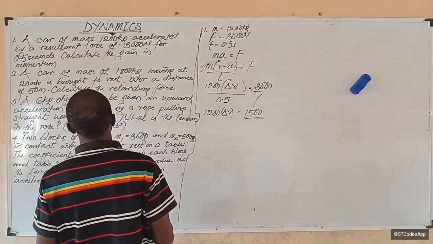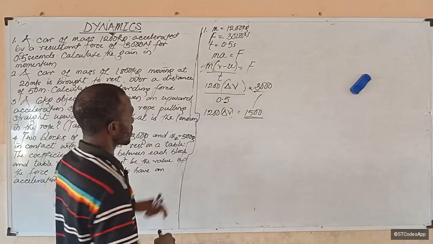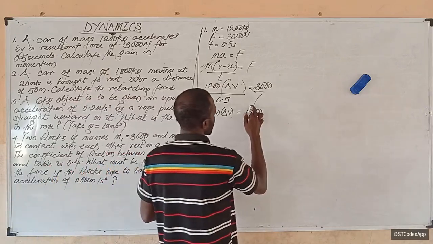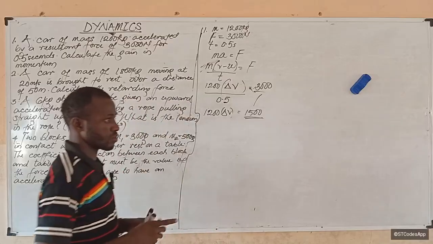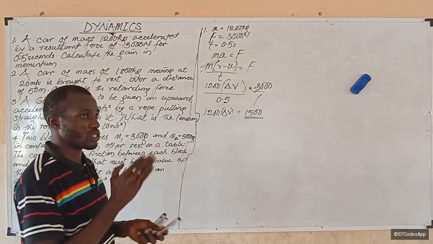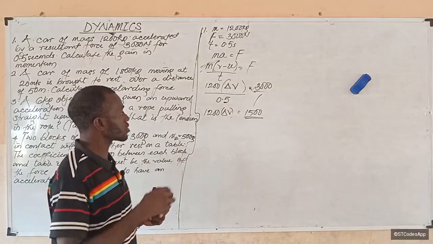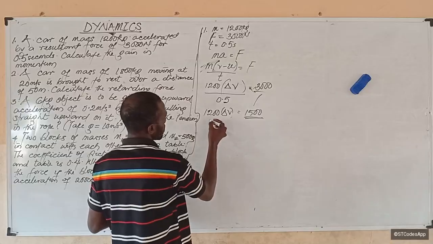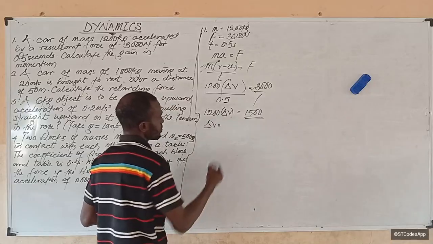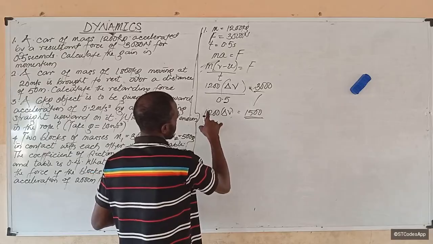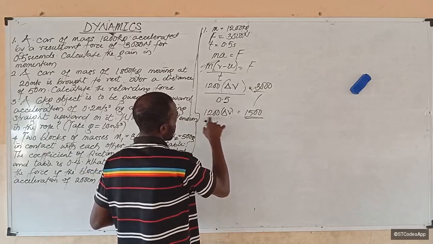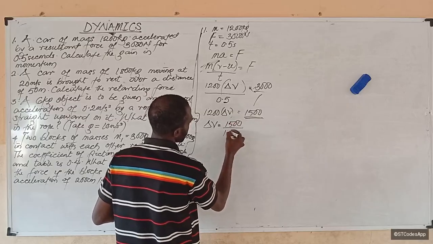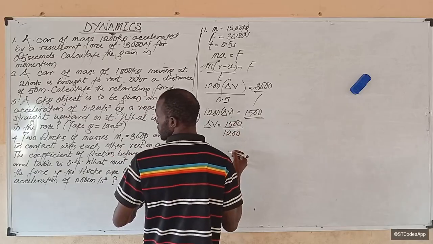So pretty much this is the gain in momentum, that is how much momentum it has gained. What's the change in velocity? The change in velocity is going to be 1,500 divided by 1,200.